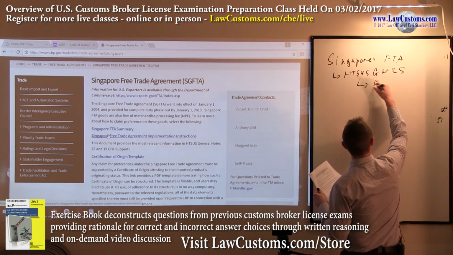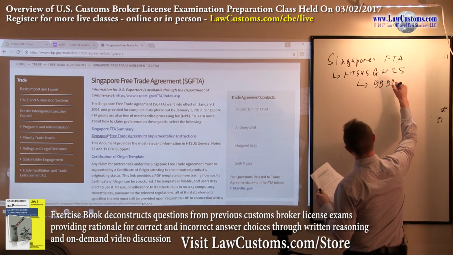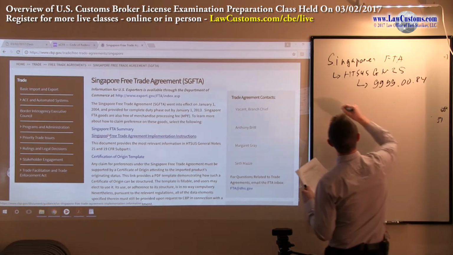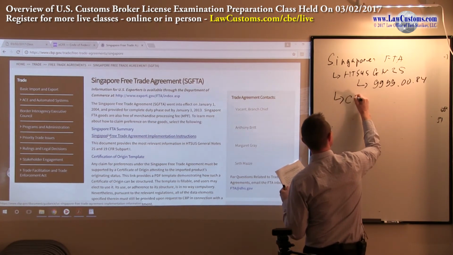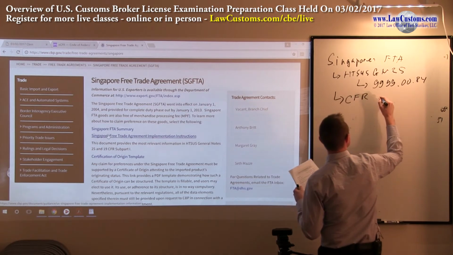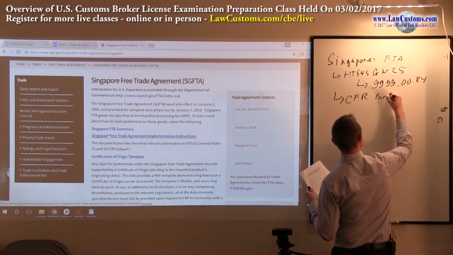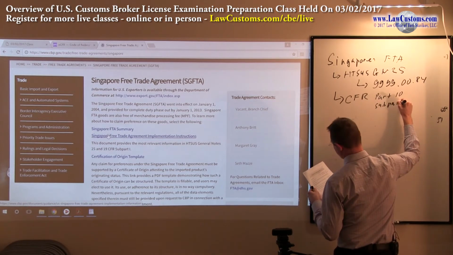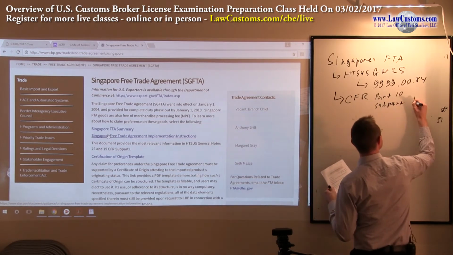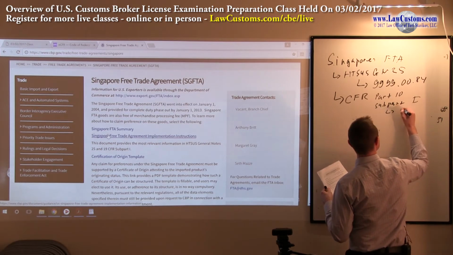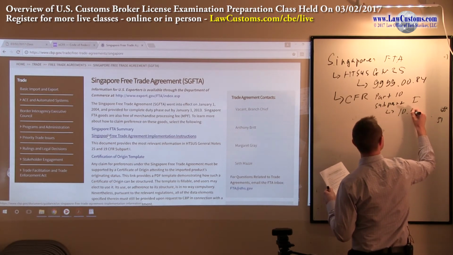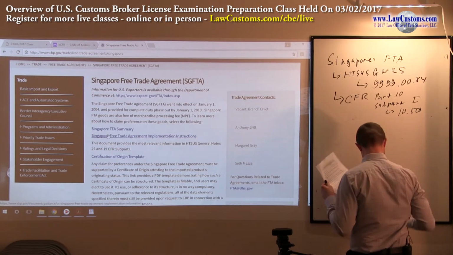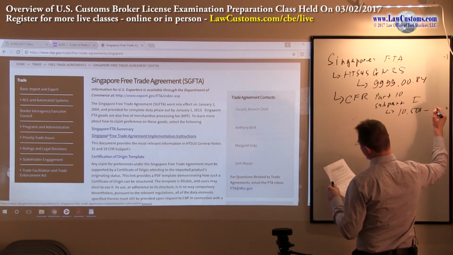It would be 99.0084, and we have CFR, Code of Federal Regulations, Part 10, Subpart I, 10.501 through 10.570.